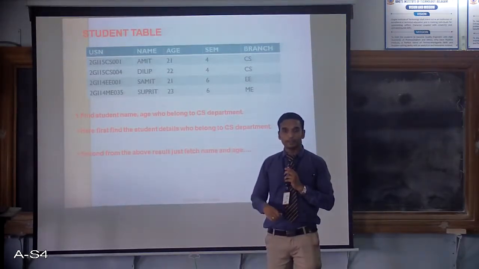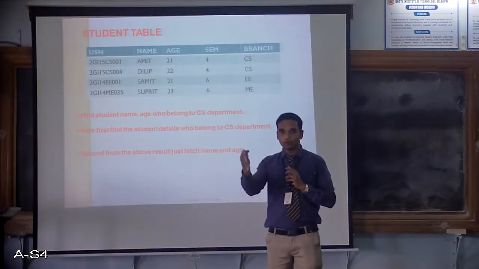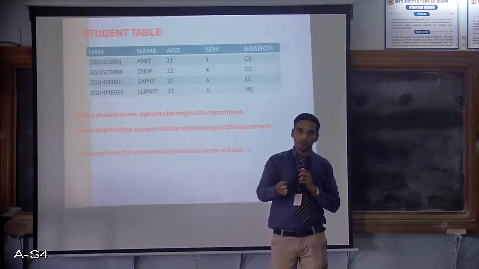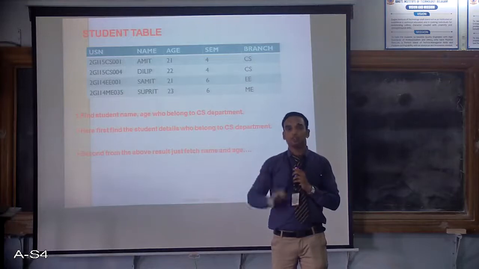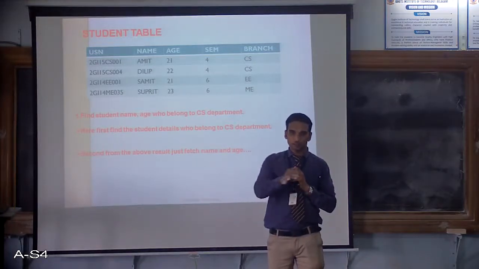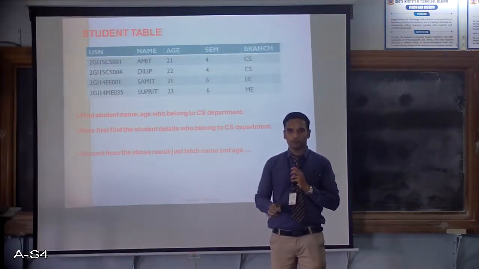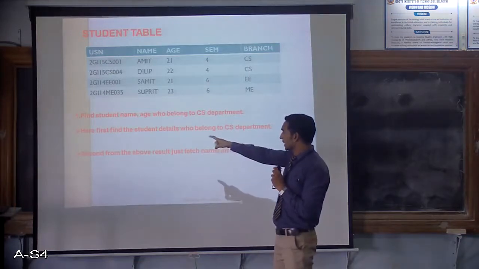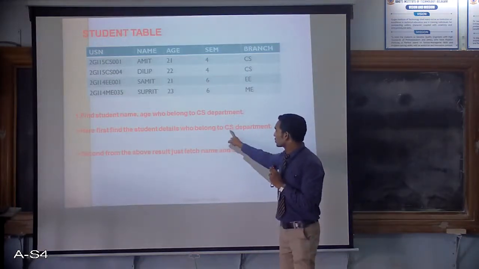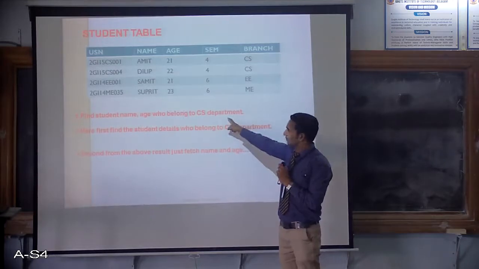So rather than a combination of select and project, you can always first work on select, then project. Always remember, select should work first, then project. So first find the student details who belong to CS department only. This is CS, I'll break it.